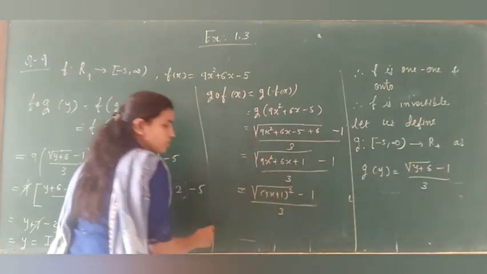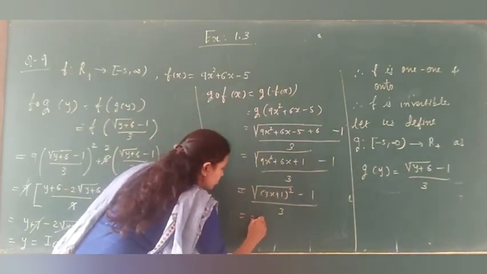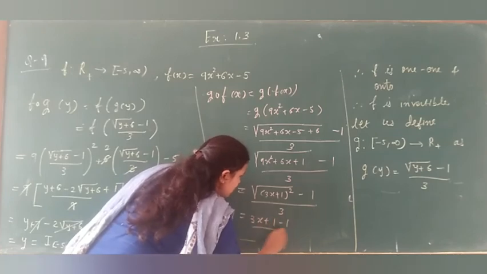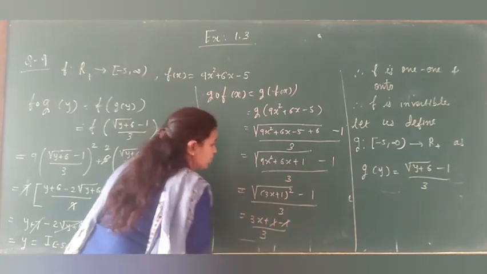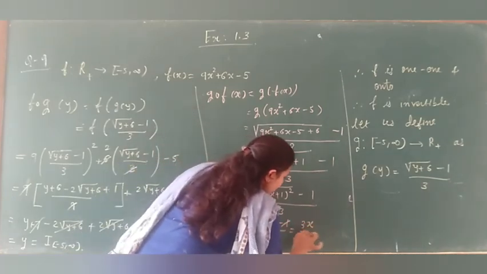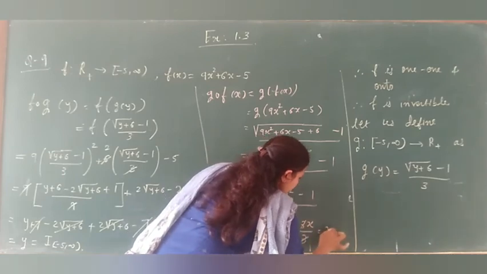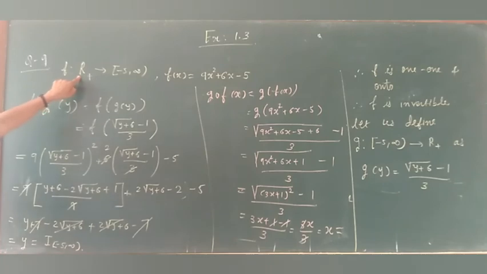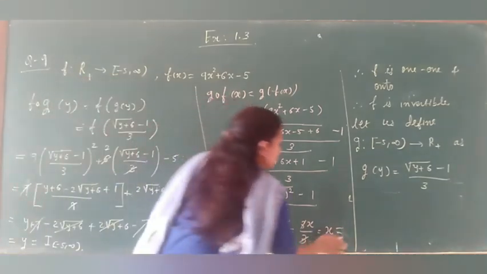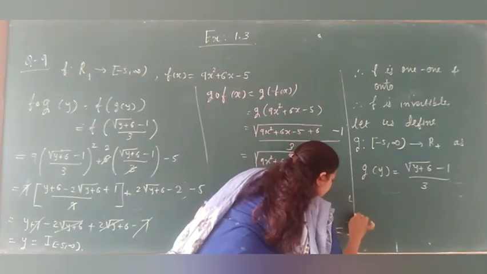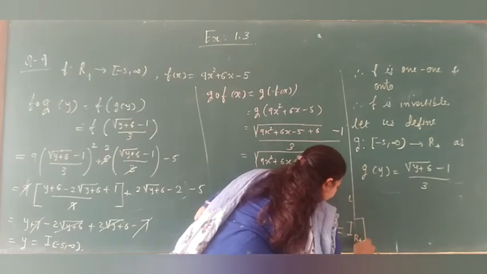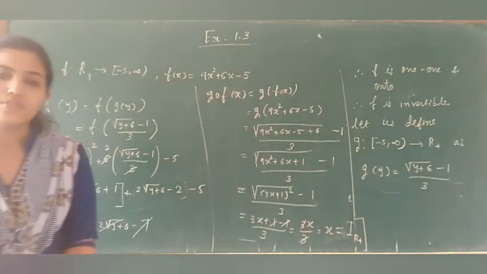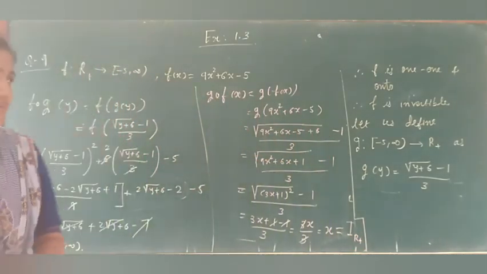Now square and square root vanish each other. So 3x plus 1 minus 1 by 3, 1 cut. So 3x upon 3, 3 cut, that is x. And where does our x belong? R plus. So that is equal to identity on R plus. Now you understood, children, what we have done.